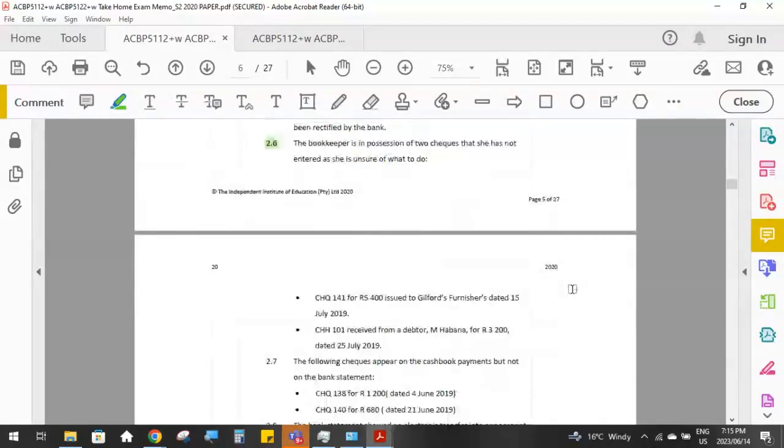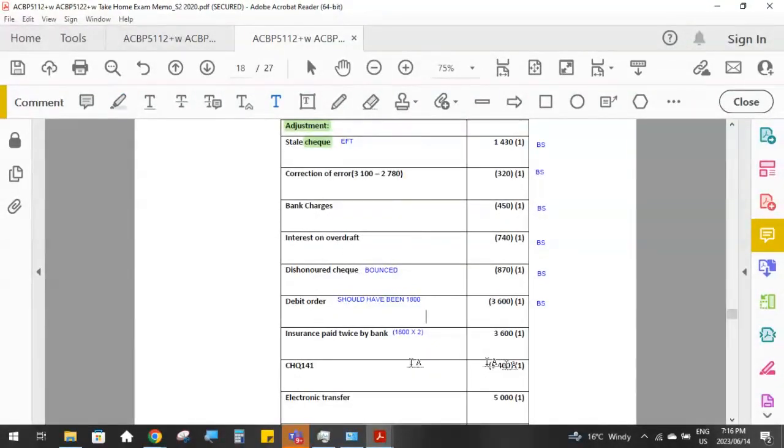Let's go here. The bookkeeper is in possession of 2 checks that she has not entered into the cash book payments because she's not sure what she should do with them. Check 141 for 5,400 is made out to Guildford's Furnishers, but the check is actually dated for July 2019, which is next month. But the rule with cash books is that the moment that you have recorded that you've paid somebody else some money, you have got to take it out of your cash books.